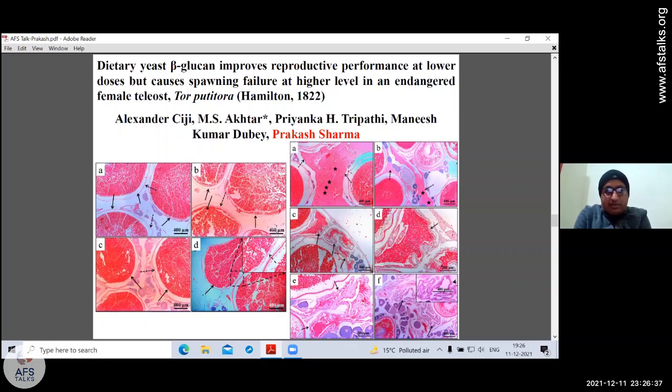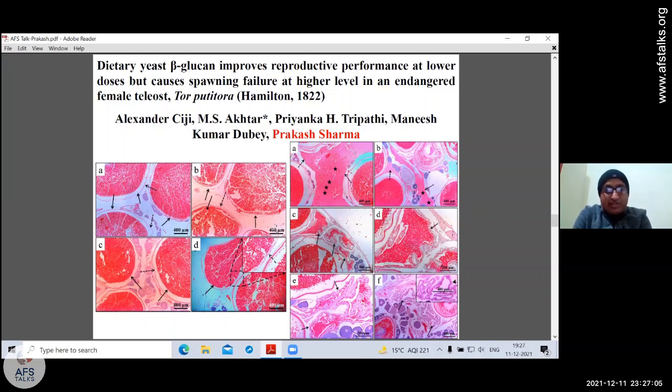In this paper, what we could see was the progressive changes in the atresia of the ovarian follicles. This was the first time I got an opportunity to see the progressive atresia.